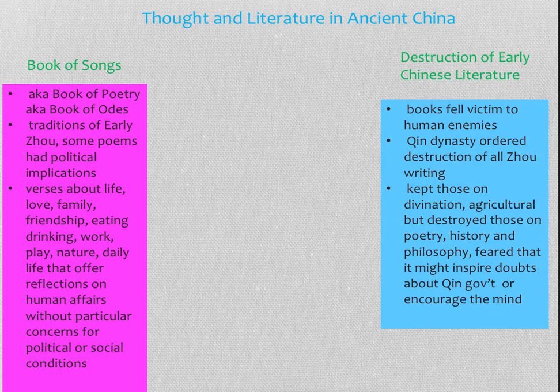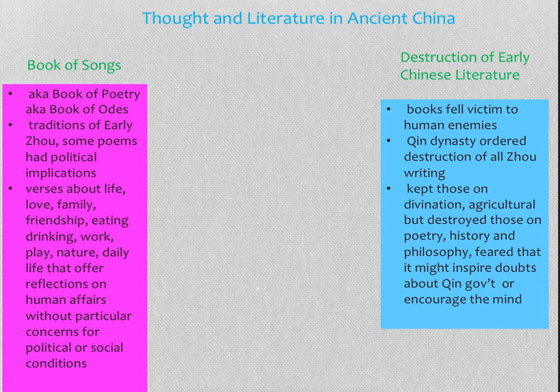So what ends up happening is that when the Zhao dynasty ends, the books will fall victim to human enemies. What that means is that the Qin dynasty will come in and destroy any books that do not have utilitarian value, meaning if they can't help to maintain order, then they need to be gotten rid of.